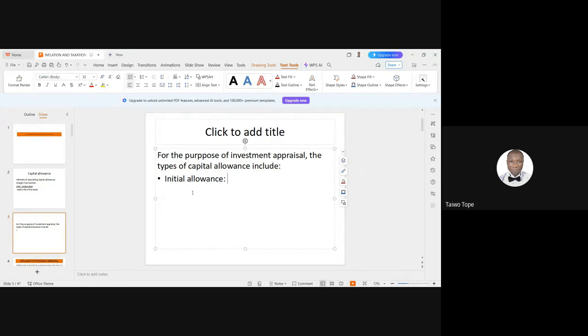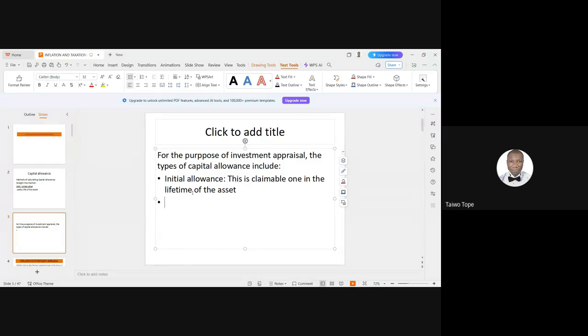For those of you that are used to taxation, there are various forms of allowance. There are allowances that you only charge immediately you obtain the asset. So initial allowance is claimable once in the lifetime of the asset, from the word initial.